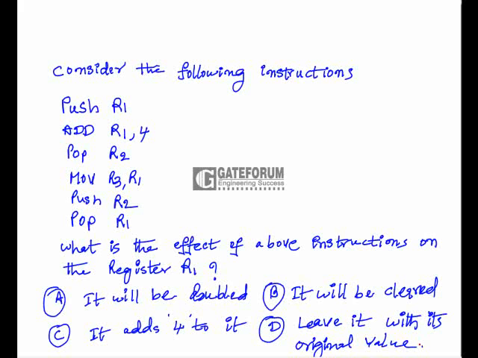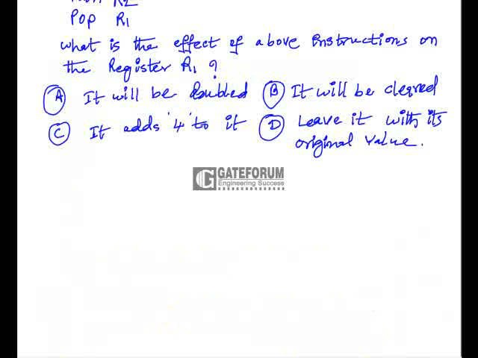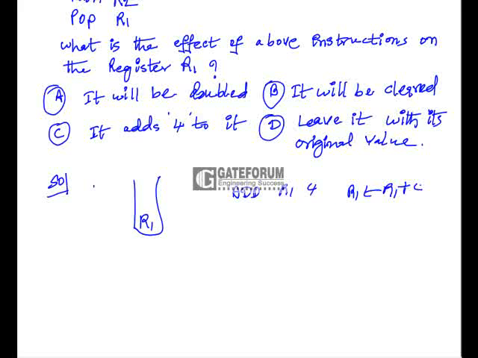The following instructions: push R1, add R1 comma 4, pop R2, move R3 comma R1, push R2, pop R1. What is the effect of the above instructions on the register R1? So first R1 is pushed into the stack, and add R1 comma 4 means R1 receives R1 plus 4. 4 will be added, and the result will be in R1, but the stack content of R1 is not changed.